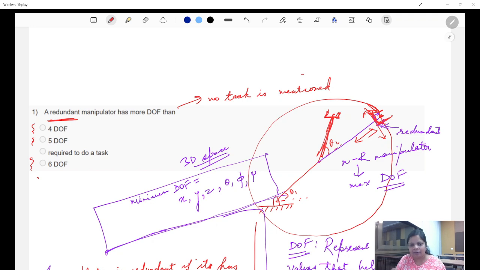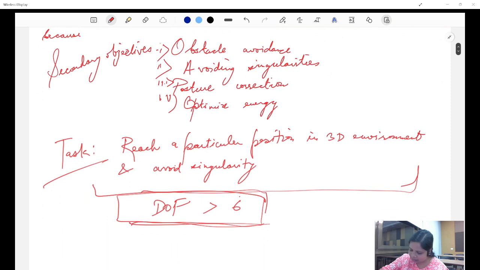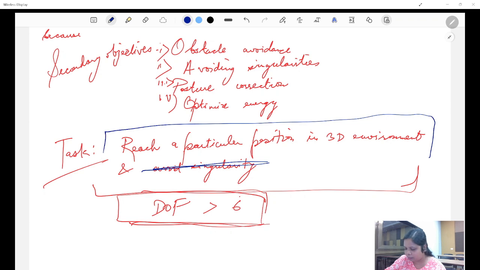It is actually dependent on the task. You have been given a task, and if you have more degrees of freedom than what is required to do that task, let's say I don't want any singularity, but I just want to reach a particular position in 3D environment, then I'll say that just 6 is what I need.